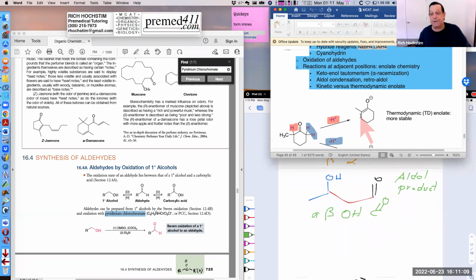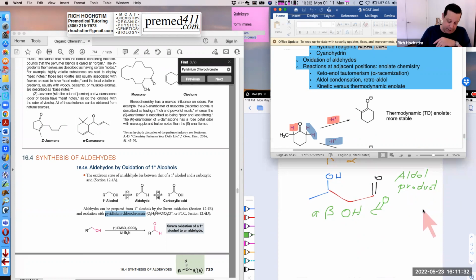Now, the reaction can stop here or it can go further. When a phenyl group is located on the beta or the alpha, it normally goes further. And when the temperature is elevated, it normally goes further. And when it does go further, it goes from an aldol to an aldol condensation.